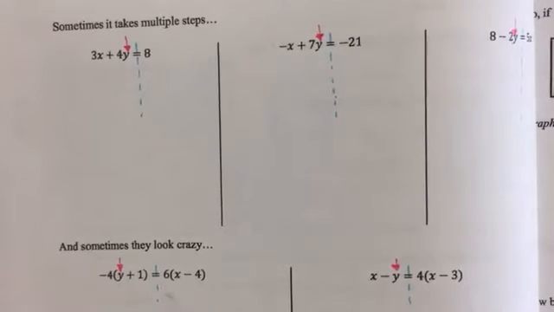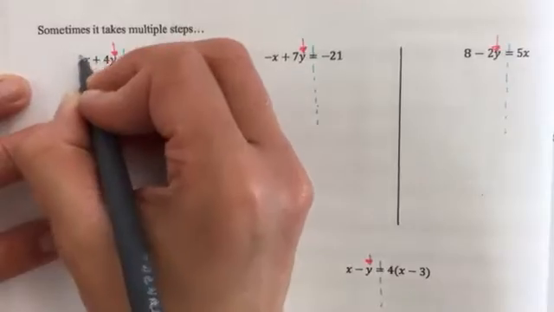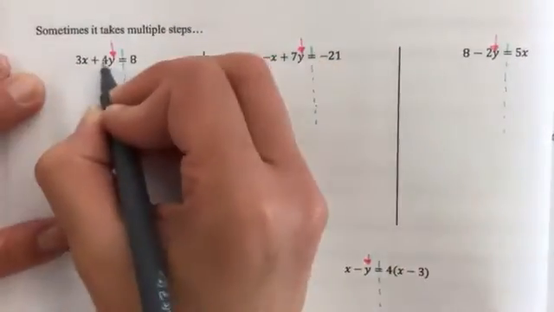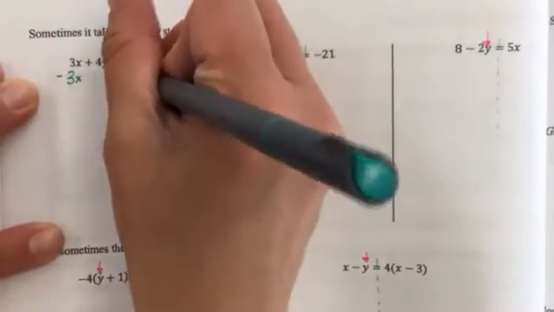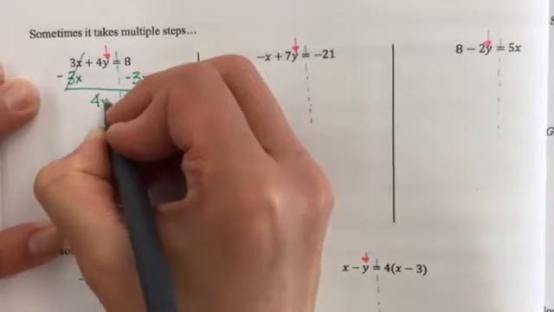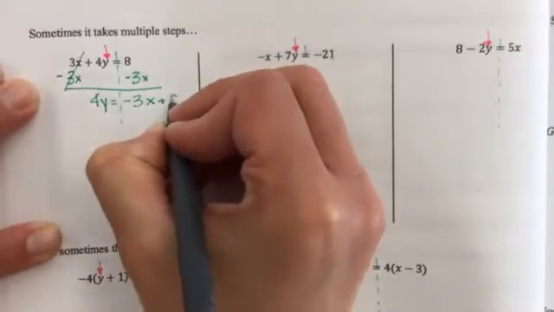So on the first one, I need to move my 3x to the other side first, and then I'm going to divide. You always move whoever's furthest away from the variable. So I'm going to minus 3x. And I end up with 4y equals negative 3x plus 8.